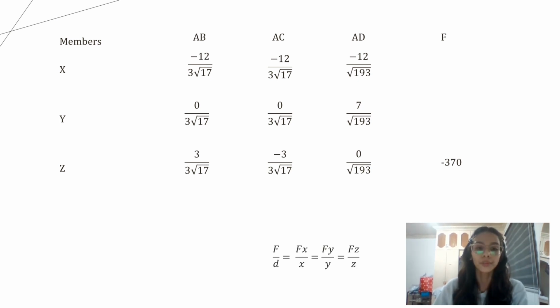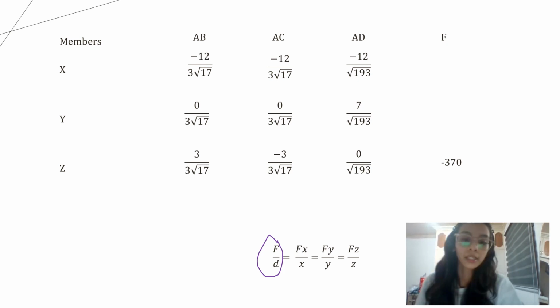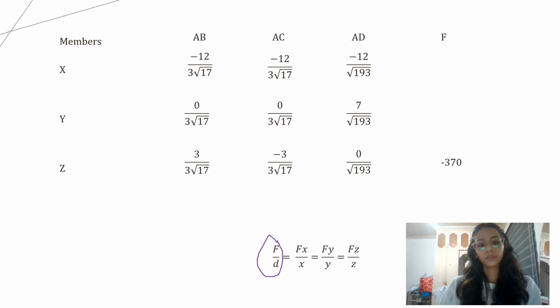To compute our forces, we have to use the proportion of components, which is F over distance equals Fx over x equals Fy over y and equals Fz over z. So for our Fx, we have negative 12 over 3 square root of 17.